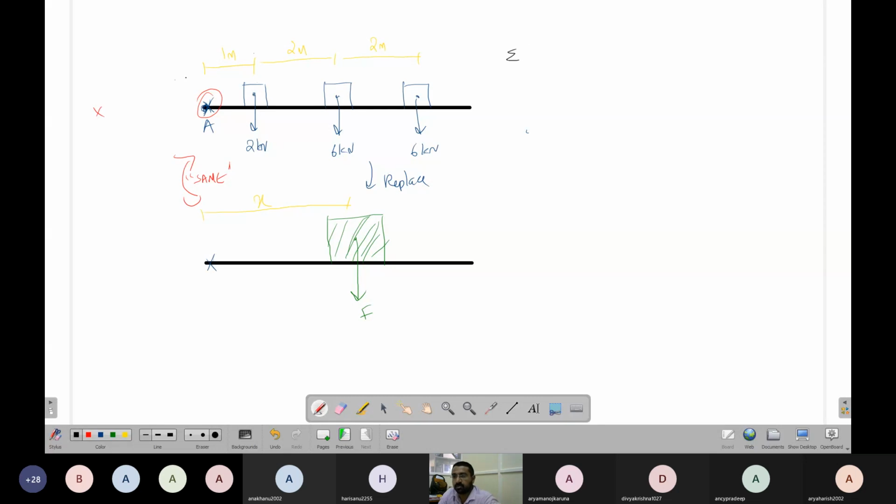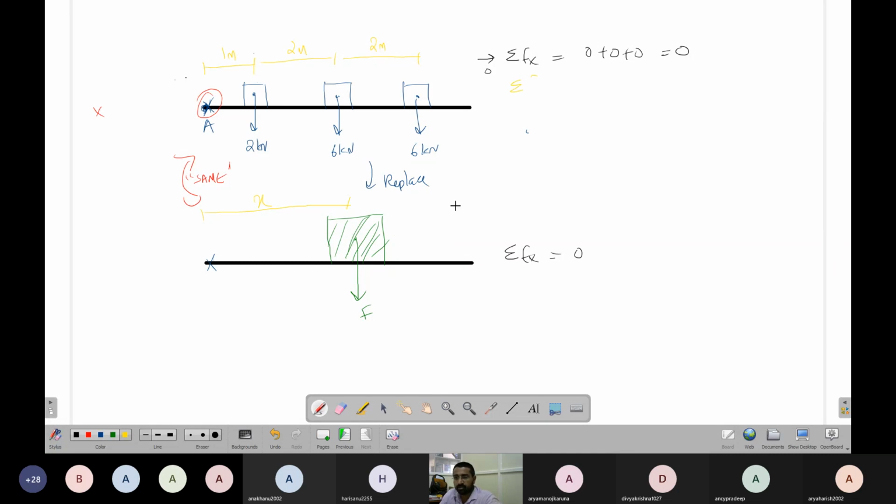Let's say summation of forces in x direction. The x direction force is 0 plus 0 plus 0, equal to 0. There is no x direction force. We can even assume an x direction force, but we don't make it complicated.